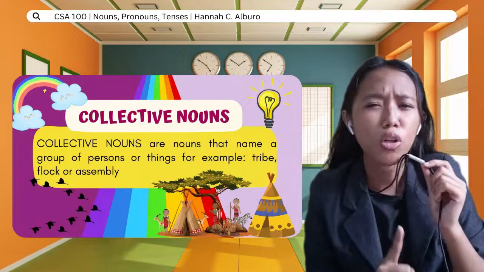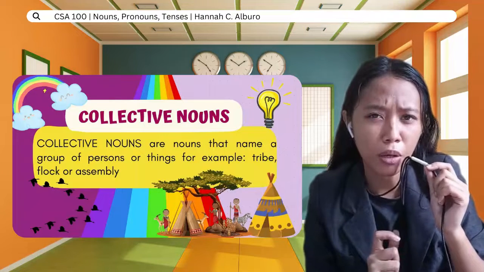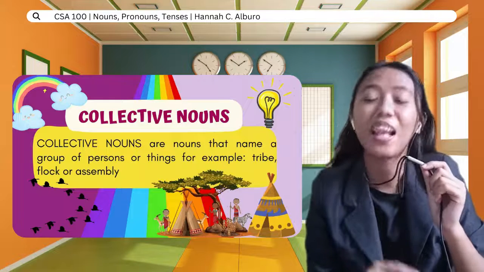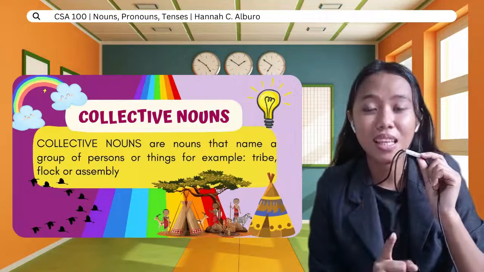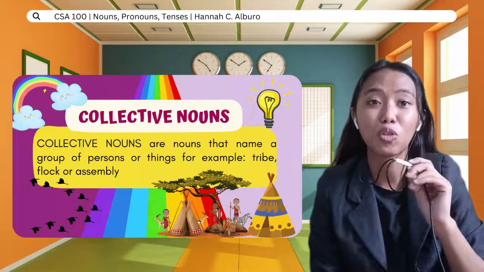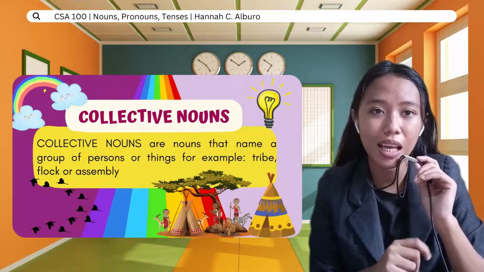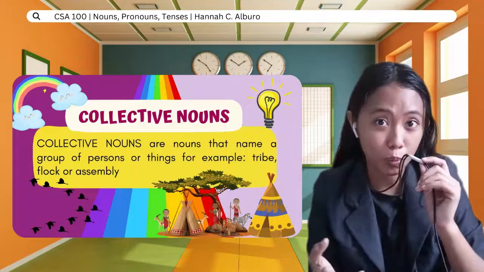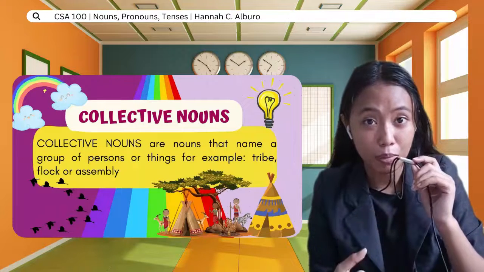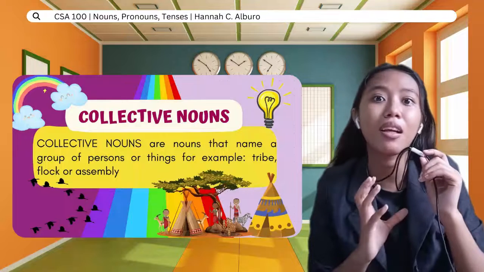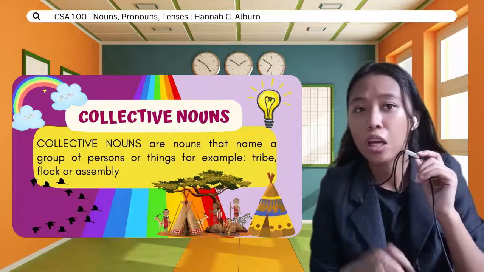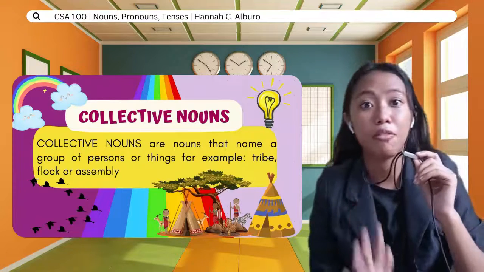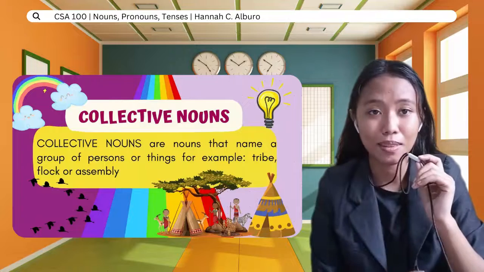Now, are all collective nouns uncountable nouns? Well, no. Since there are collective nouns which can be counted, take for example the word group, groups, team, teams, 'di ba? They are collective but they can be countable, no? Like we have 2 groups, 3 groups, 4 groups, 5 teams, 4 teams, 6 teams.